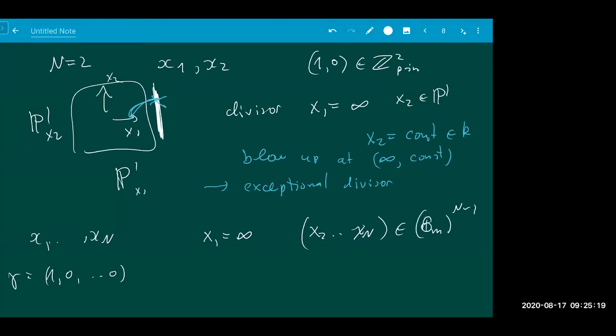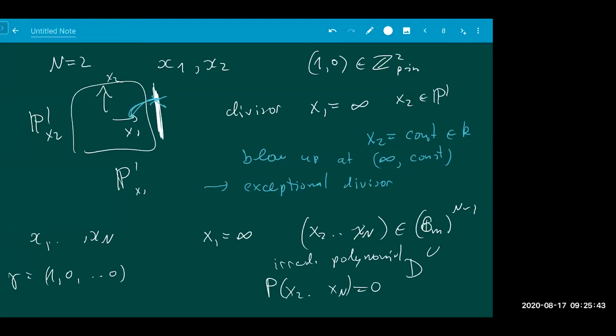And here we put an arbitrary divisor in this torus, write some equation p(x2, ..., xn) equal to 0, where p is an irreducible polynomial. It gives me a certain divisor sitting here. And then when we make a blow up, we get an exceptional divisor.